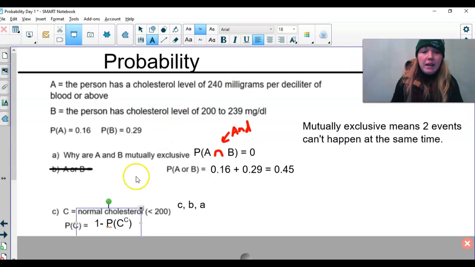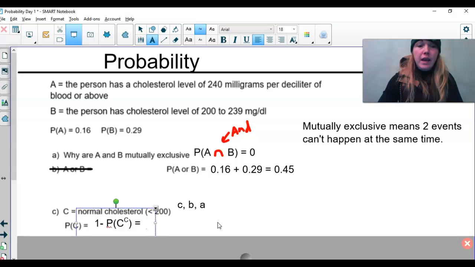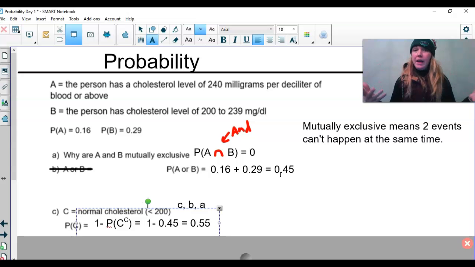Anytime you see something to the power C, that means not what you're looking at. So what am I going to do right now? I am just going to take 1 minus the probability that they're not less than 200. Well, not less than 200 is here. We're either at A or B, which is 0.45. And that's equal to 0.55. Again, another way that we can use that complement rule there.